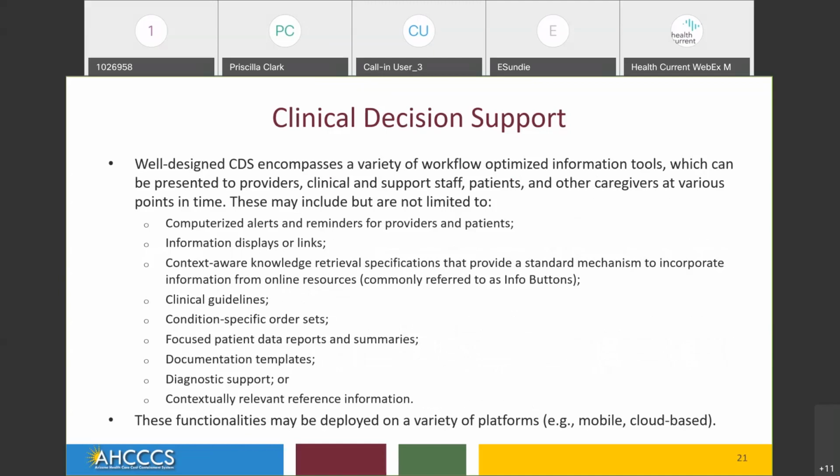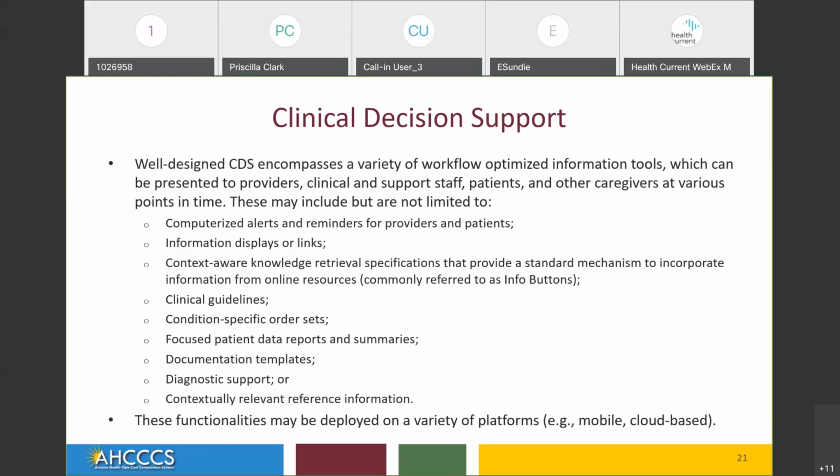Well-designed CDS encompasses a variety of workflow-optimized information tools, which can be presented to providers, clinical and support staff, patients, and other caregivers at various points in time. These may be included, but are not limited to, the following: computerized alerts and reminders for providers and patients, information displays or links, context-aware knowledge retrieval specifications that provide a standard mechanism to incorporate information from online resources, commonly referred to as info buttons, clinical guidelines, condition-specific order sets, or focused patient data reports and summaries.